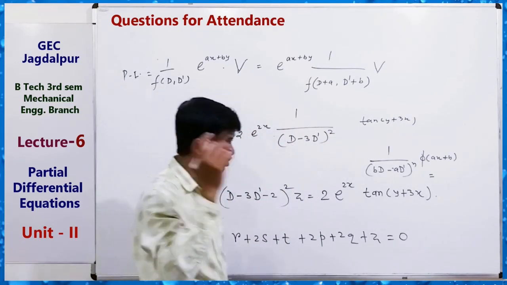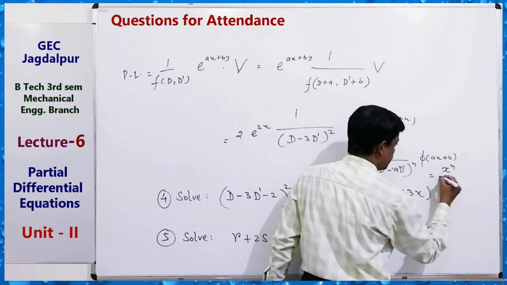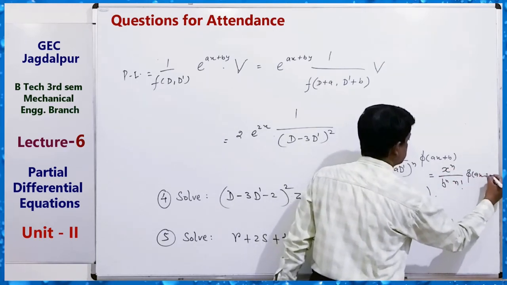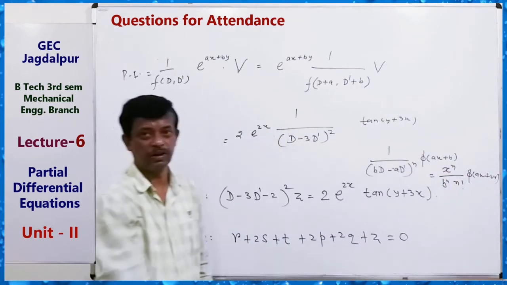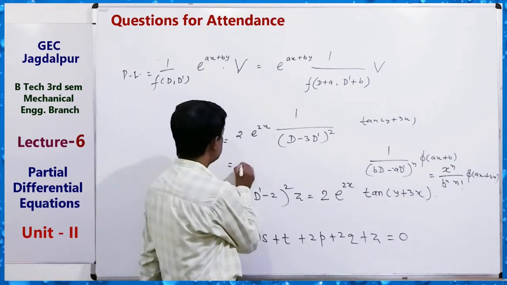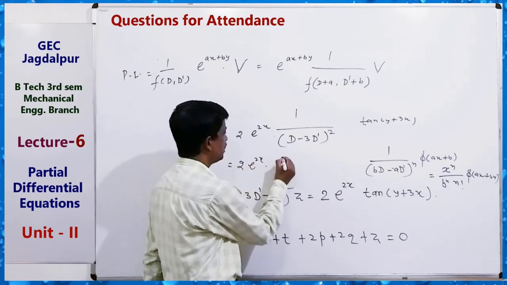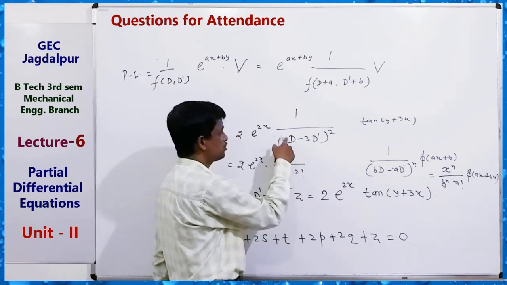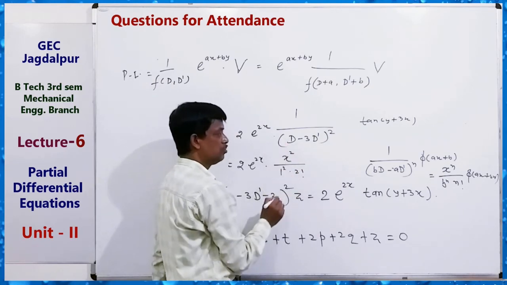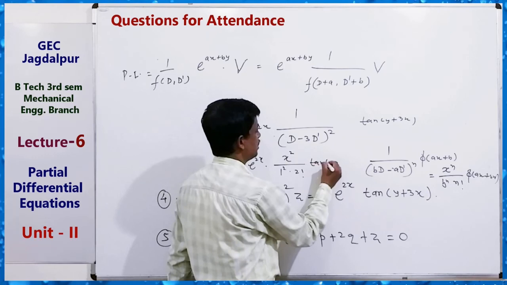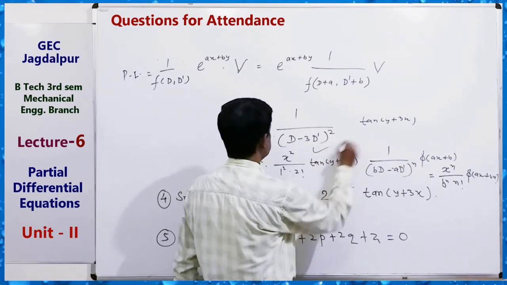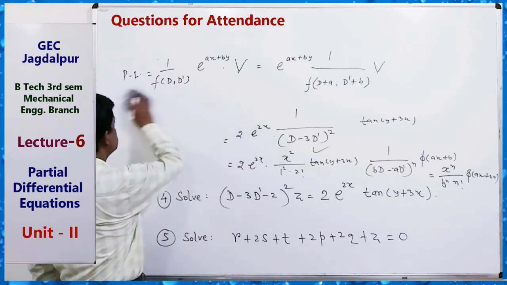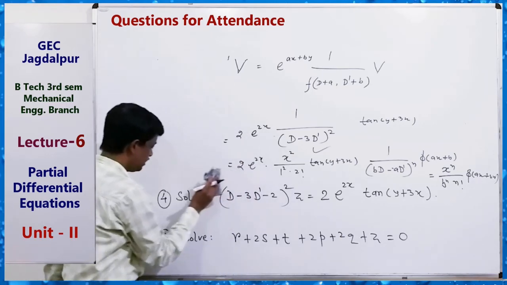In this case the formula is what? x to the power n upon n factorial into b to the power n, function as it is of ax plus by. So you can apply this formula here. So the result will be e to the power 2x, x to the power 2, n means 2, upon 2 factorial into b means 1 to the power 2, function as it is, 10y plus 3x. So this is the solution PI. Clear? So use this formula for finding this result.